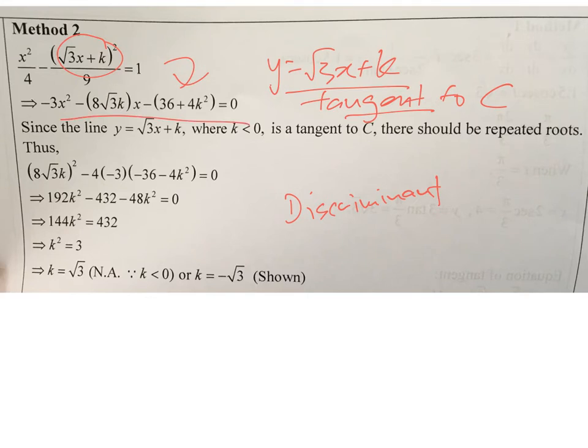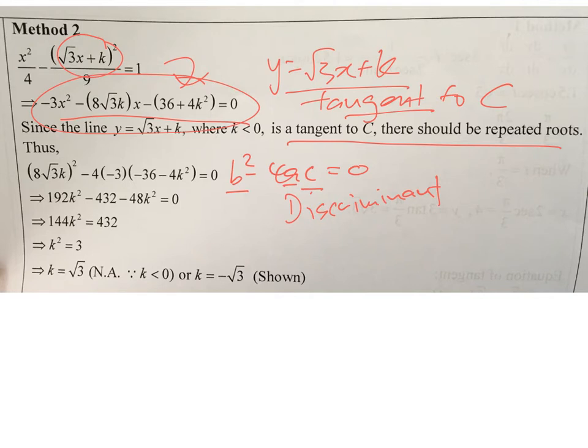Noting the fact that the tangent to C meets the curve at this particular point, the discriminant b squared minus 4ac is equal to 0, since it is a repeated root. Then what you can do now is put the values of a, b, and c from this quadratic equation into the discriminant formula.